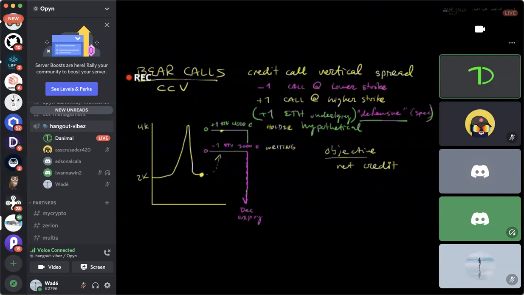So let me see if I understand the question. Why would you want to sell it and then buy again? Is that the question? Uh-huh. Okay, so in this strategy, your objective here is, one, you want to get a net credit, but you want to maintain upside profit.